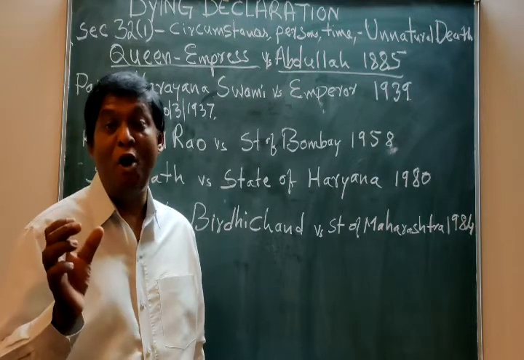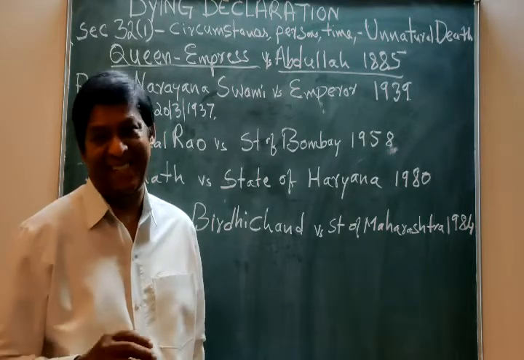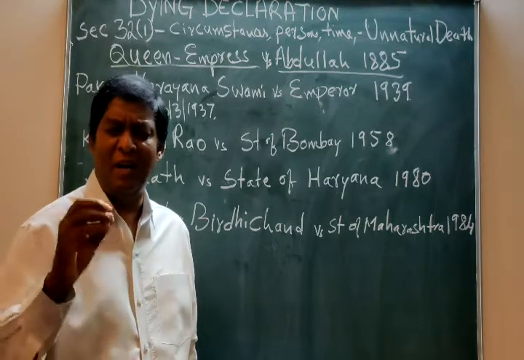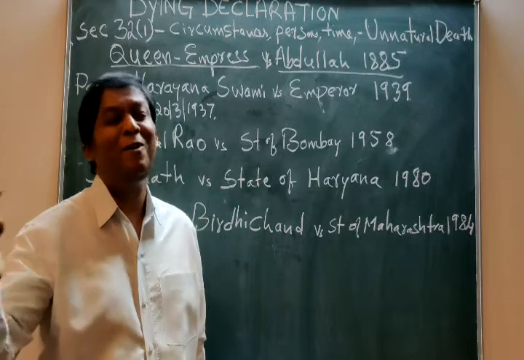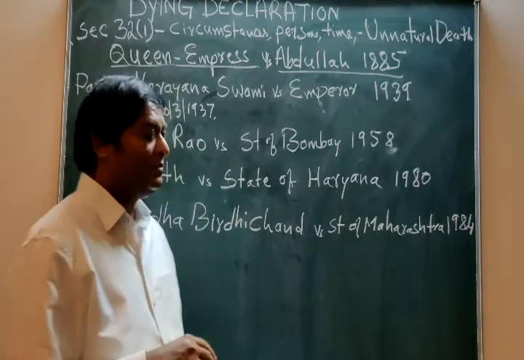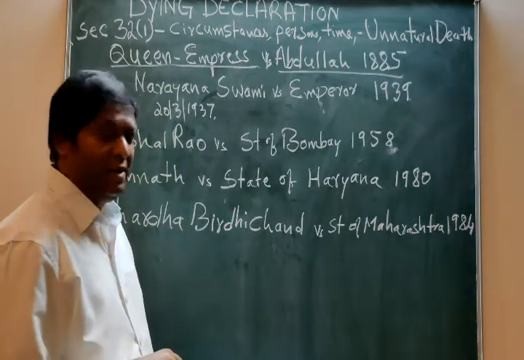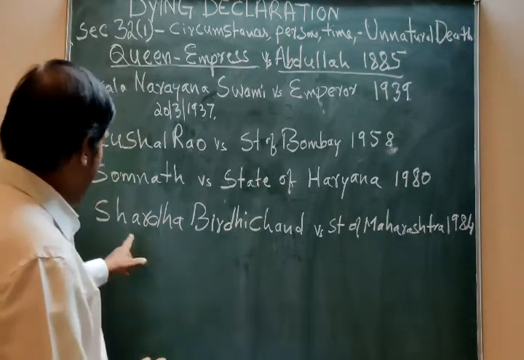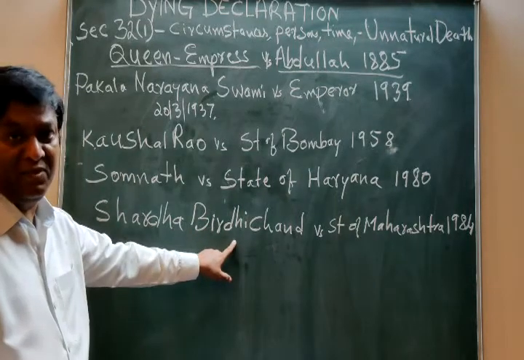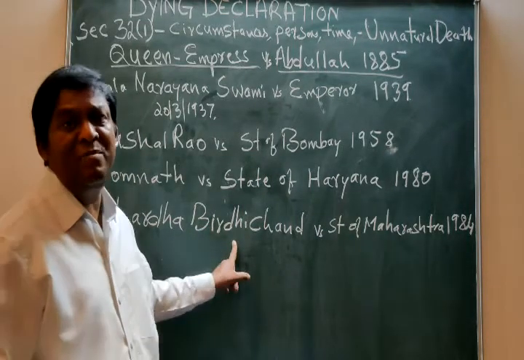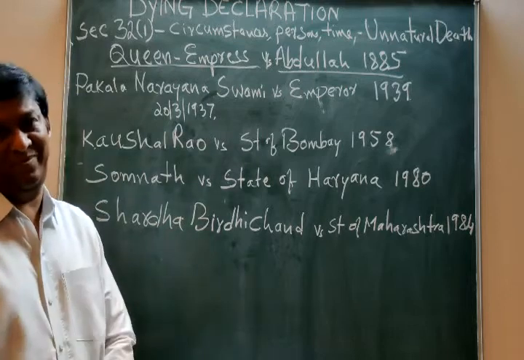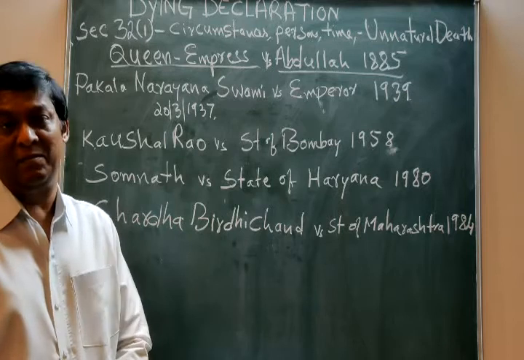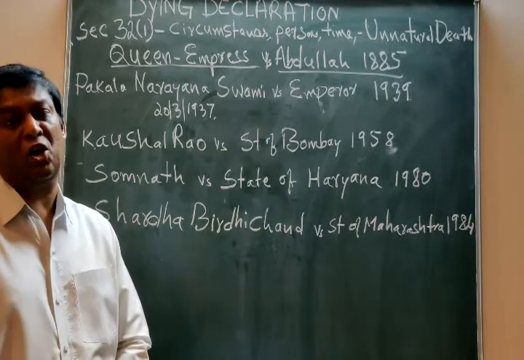Marriage is a binding between two families. Marriage is an institution of love, affection, and cordiality. In this case, Sharda Birdi Chand is the name of the mother-in-law. She performed the marriage of her son and brought the daughter-in-law to the home.